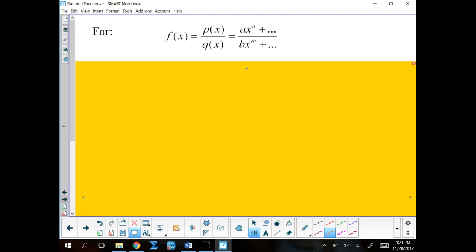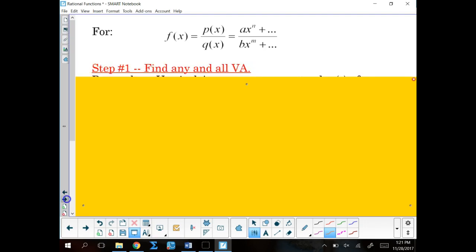Everything else is just extra. From yesterday, step 1 was find any and all vertical asymptotes. We find the domain at the same time.